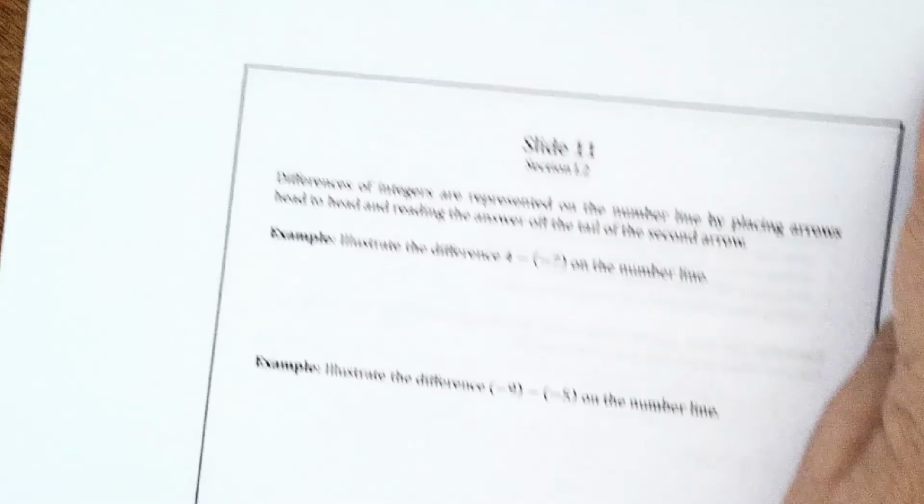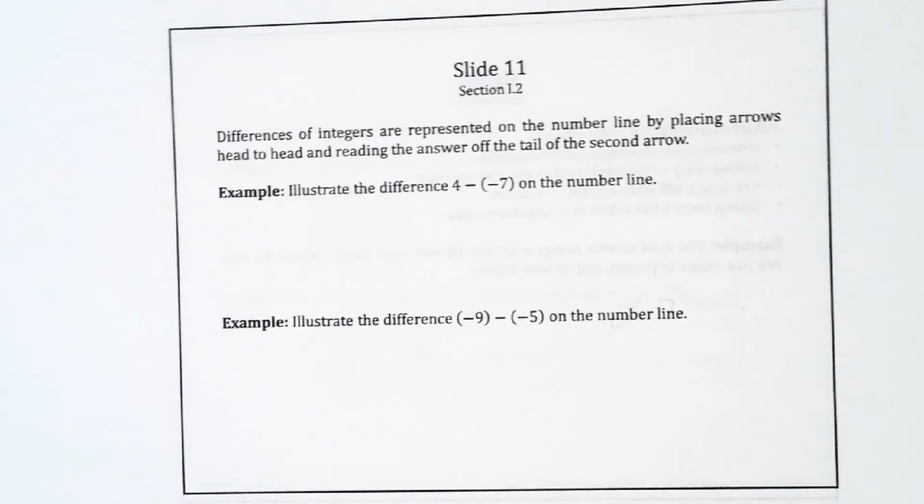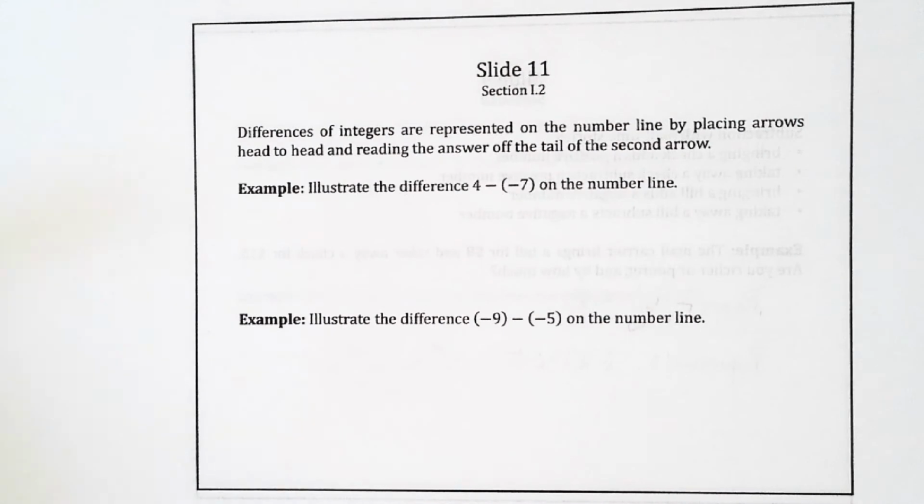Okay, last but not least, let's talk about subtraction with the number line. Okay, on the number line, subtraction is represented by putting the arrows head to head. That's really important. The arrows need to represent the numbers.